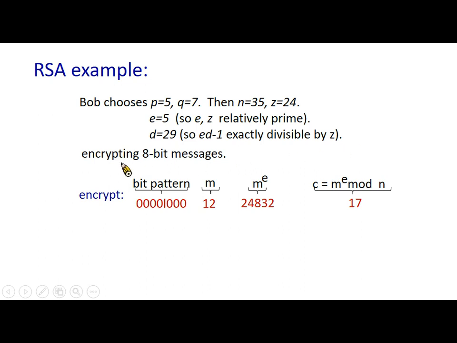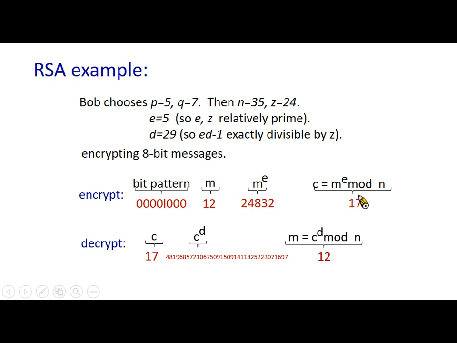So we encrypt a bit pattern. The message m is 12, and m to the e, where e is 5, gives a number, and c is m to the e mod n, which is 17.